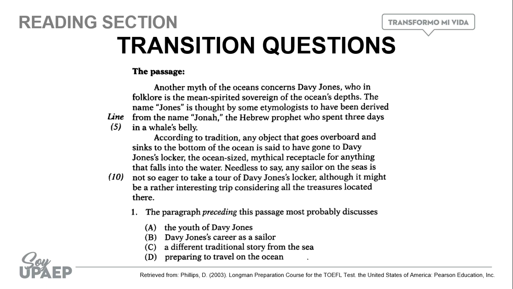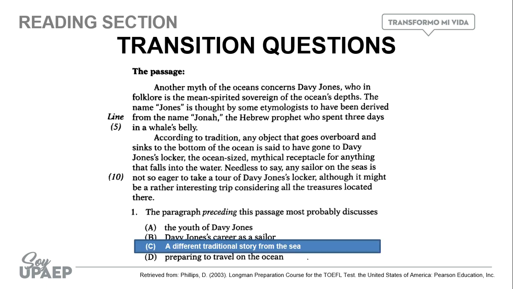Remember, they are asking you for the paragraph preceding this passage. So, because of the connection, another myth of the oceans, we can infer that the paragraph preceding this paragraph is a different traditional story from the sea.